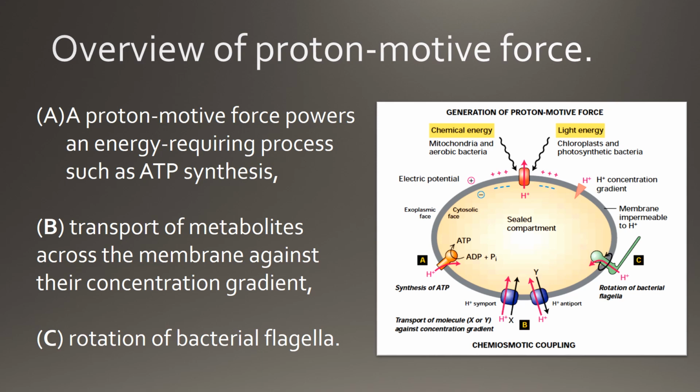In chemoosmotic coupling, a proton motive force powers an energy requiring process such as ATP synthesis. Here I am showing what is A, what is B, and what is C.